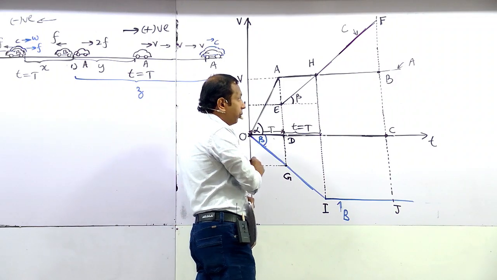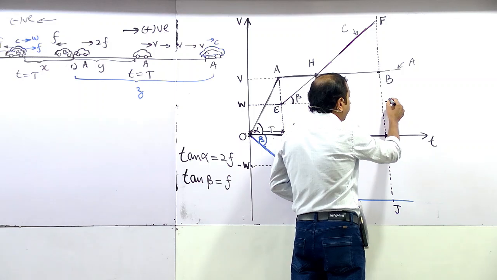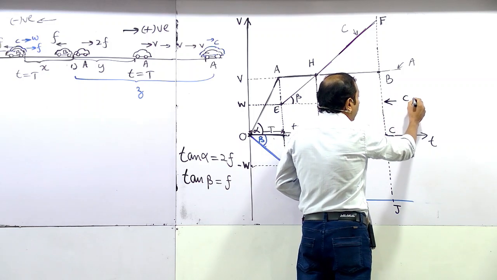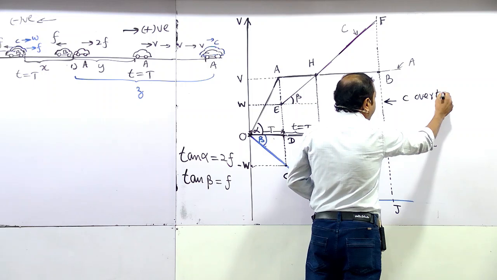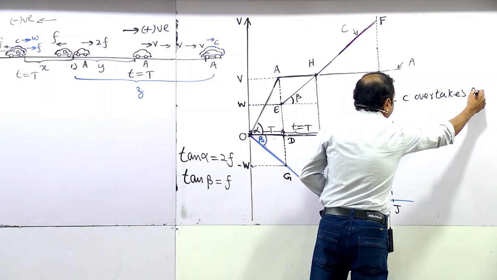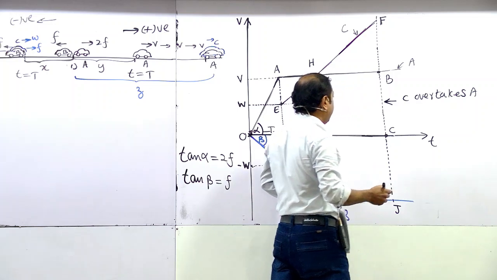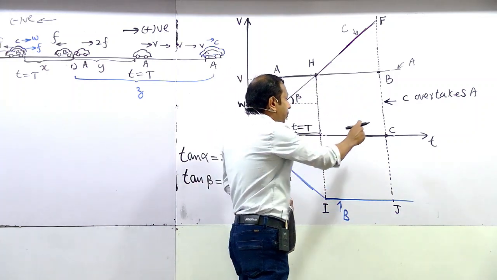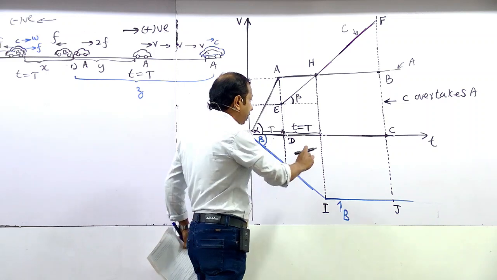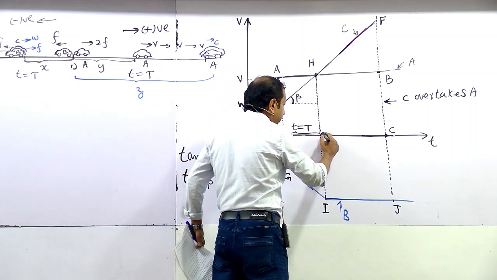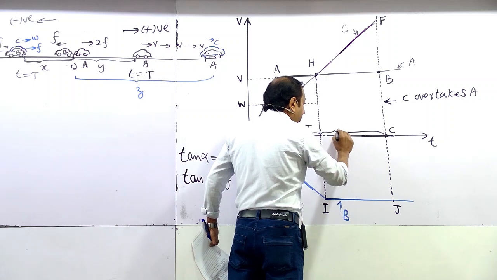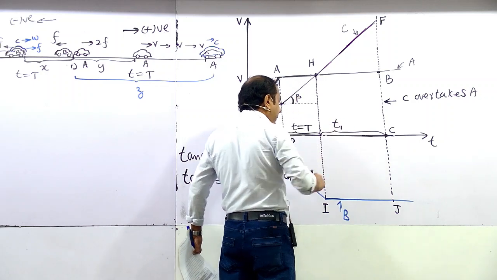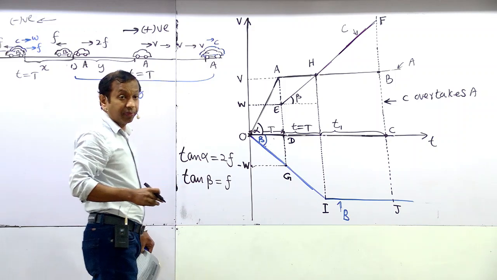That means we have to take this is the moment C overtakes A. C overtakes A is here, right? This time we need to find. We'll take this time as T1. That T1 we need to find.